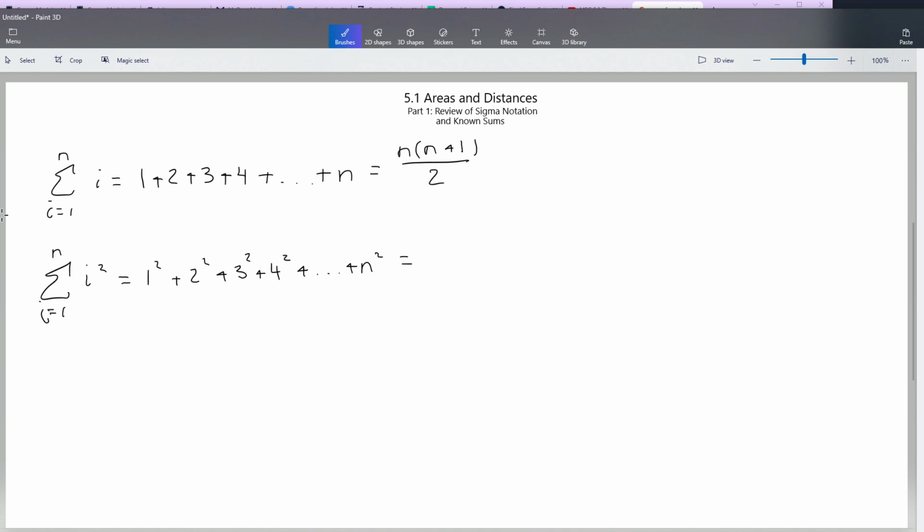Okay, and this turns out to be n times n plus 1 times 2n plus 1 divided by 6.